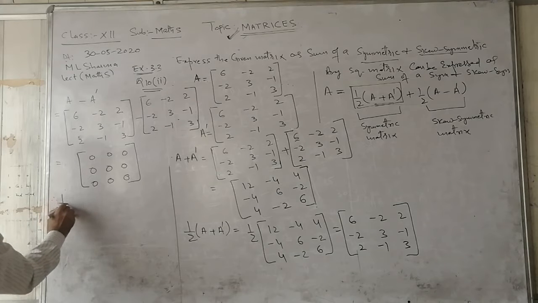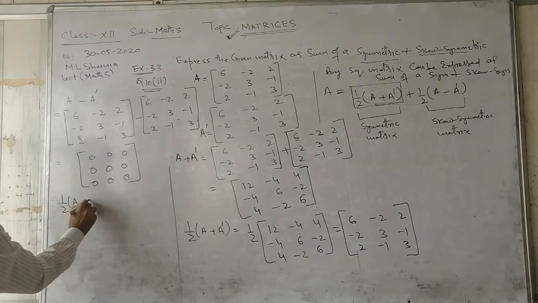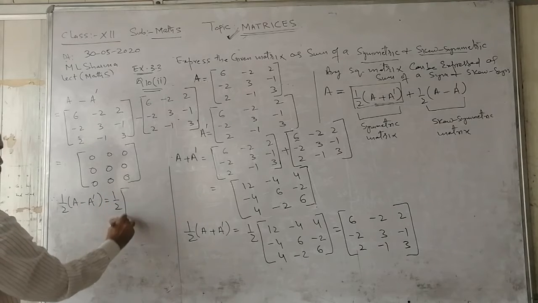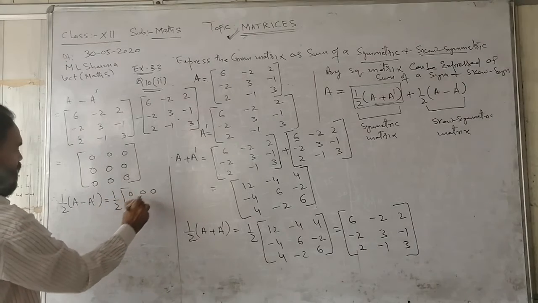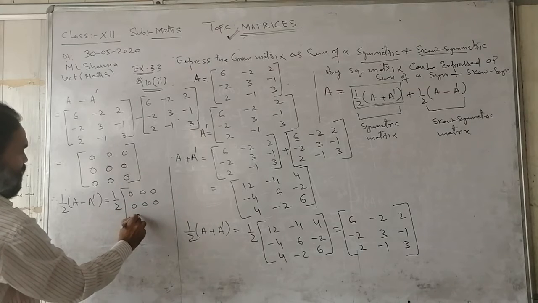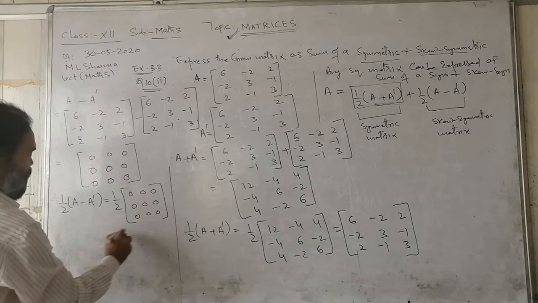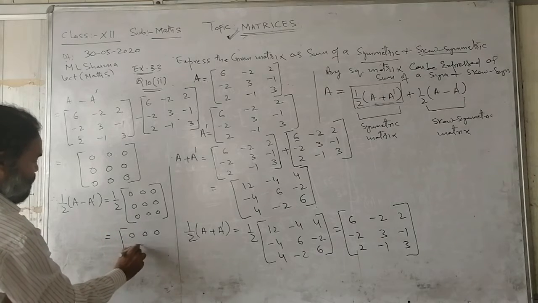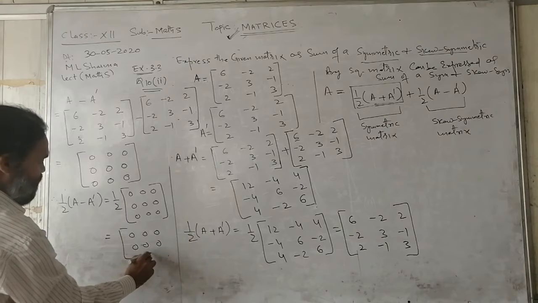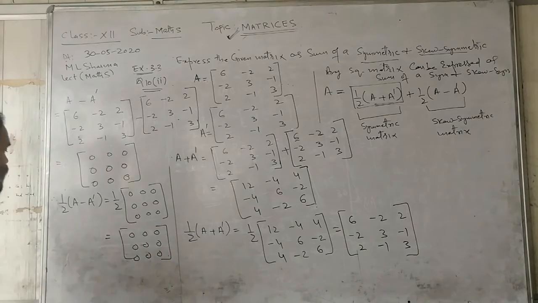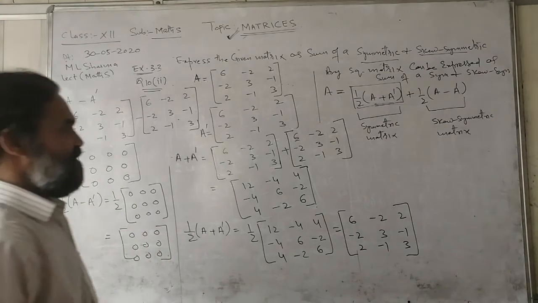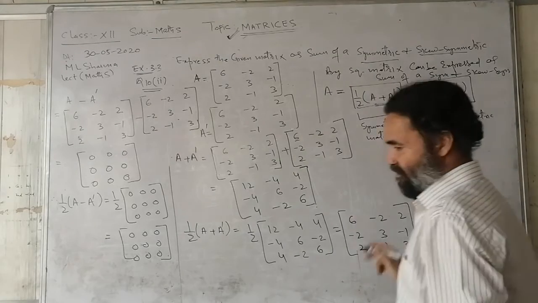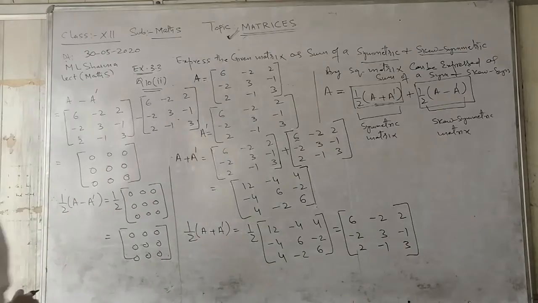Therefore half of A minus A transpose will be equal to half of this value, which is again the 0 matrix. So I have found the two components, and both the values I have calculated.